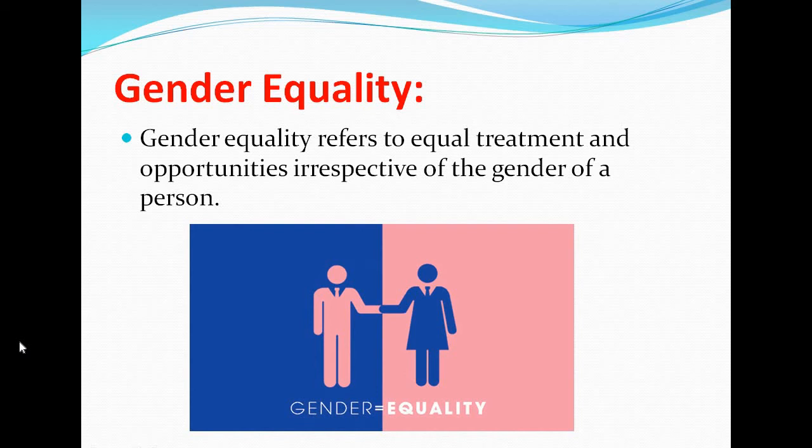Now, in gender equality, we have some important points. First of all, sexual harassment: an obstacle that many women face in the workplace. We have racism. Unfortunately, race seems to play a major role in how women are treated and compensated in the workplace.